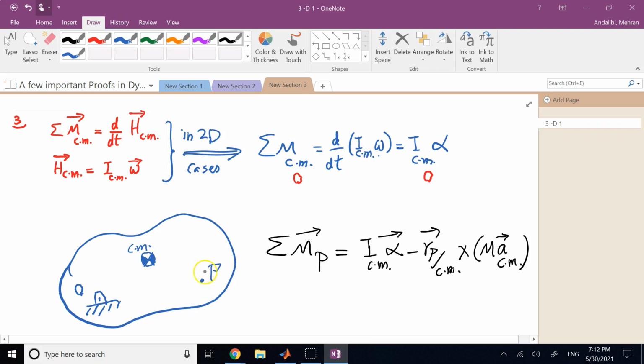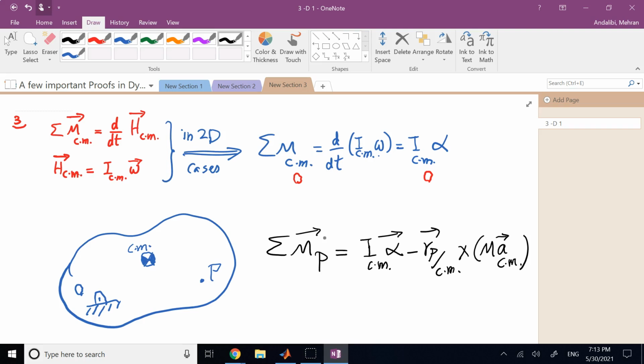So at this point P, I have a bunch of unknown reactions, and I'm trying to take moment about this point P so that the left-hand side has as few unknowns as possible. Okay, so now that we know this has its own use, fine. Now, how can we prove this? Okay, so let's work on that.